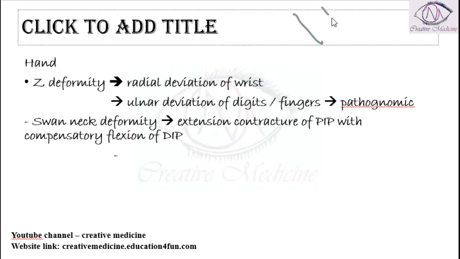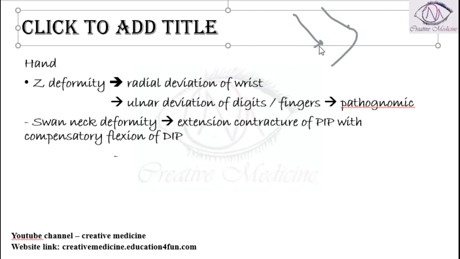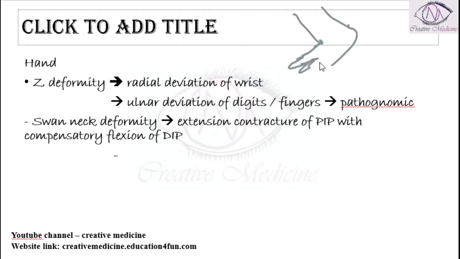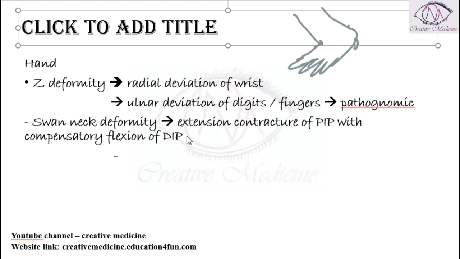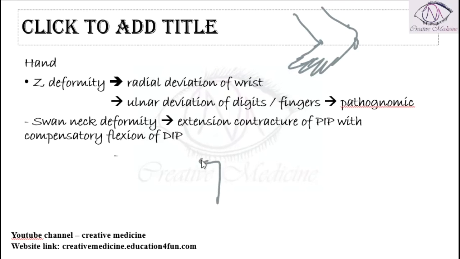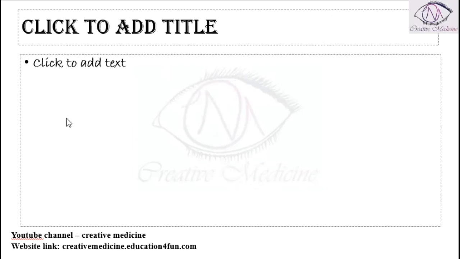In Z deformity, there is radial deviation of the wrist and ulnar deviation of the fingers, something like this. Whereas in swan neck deformity, this is the proximal interphalangeal joint which is extended, and there is compensatory flexion of the distal interphalangeal joint like a swan neck, so it is called swan neck deformity.